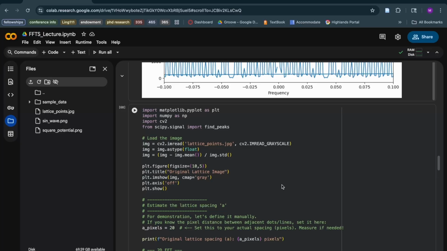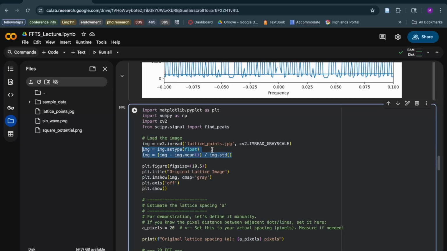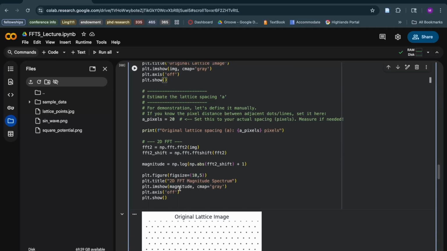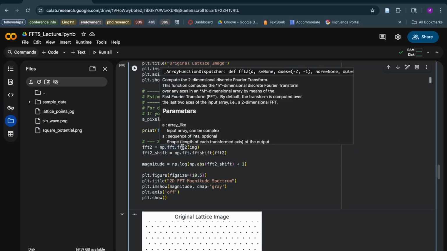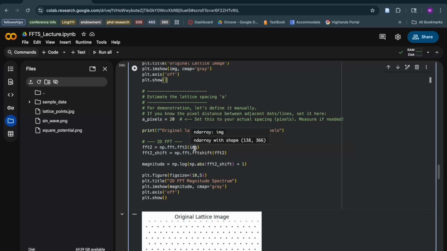We're going to convert it to grayscale. We do this because it gets rid of a lot of the background noise. But regardless, we plot that original image. Then we use NP again, FFT, but this time FFT2. This does 2D FFTs, and we can just put the whole image in there, which is, again, pretty easy.